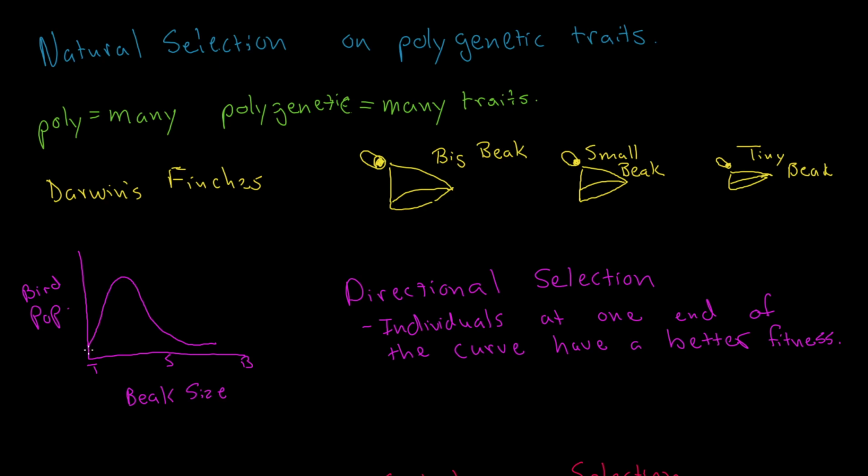This green line I'm about to draw shows a directional shift. You see how we've shifted away now? It was favoring the small to tiny beak birds, but now something happened in the environment which caused the population to shift in a direction. That's how you get the name directional shift. It now favors more of the birds from small to big. It pushes the population one way.